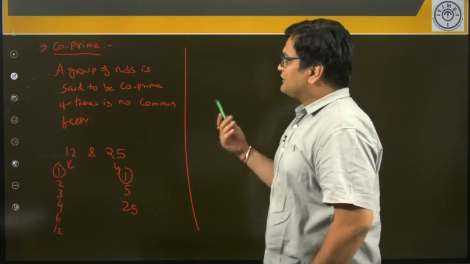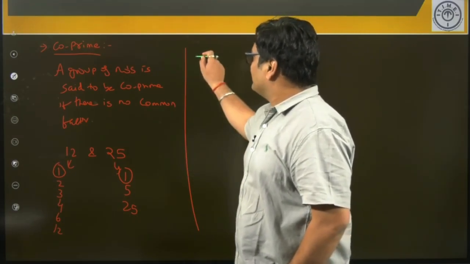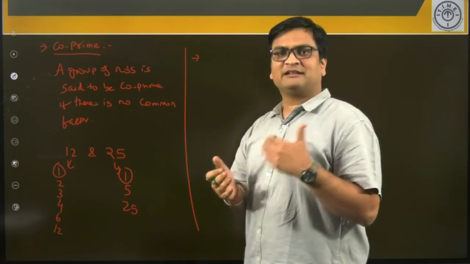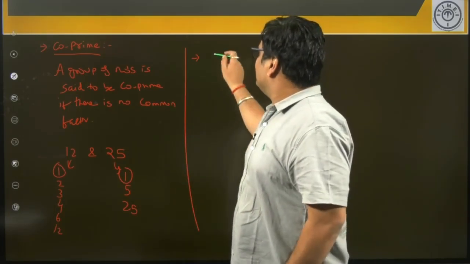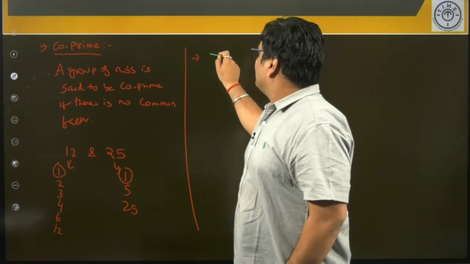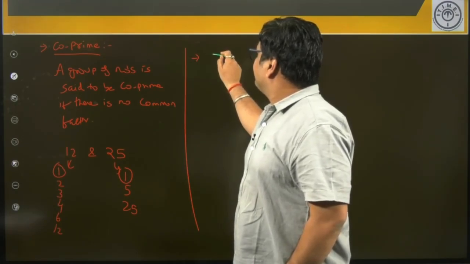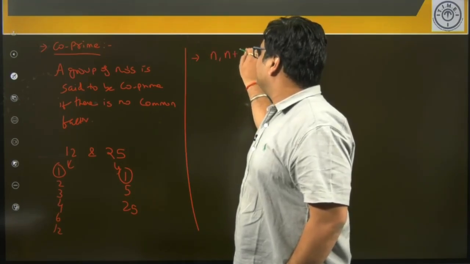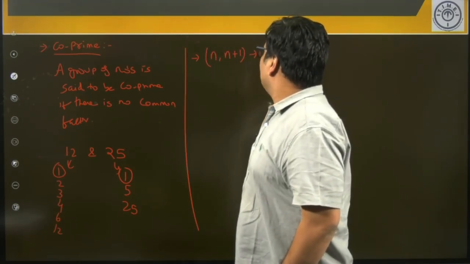So, once you understand what is coprime, please understand the following aspects also. What group of numbers can we be sure will be coprimes? If you take any two consecutive natural numbers n and n plus 1, such a pair will always be coprime.